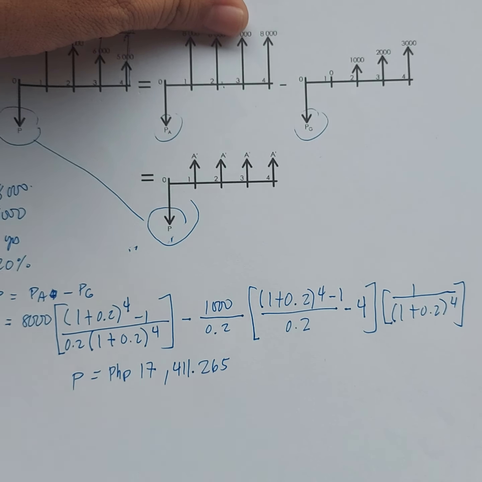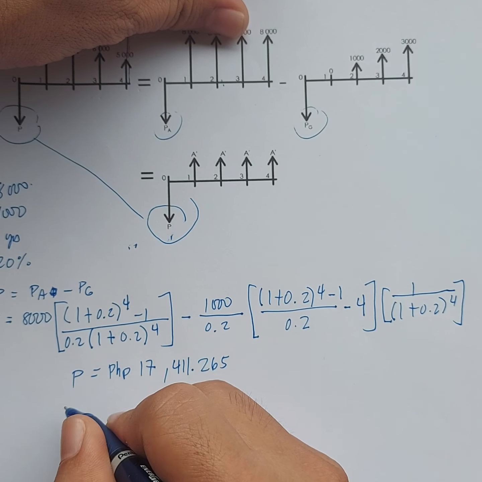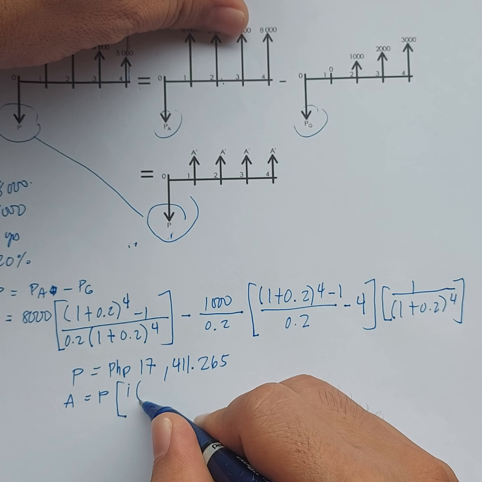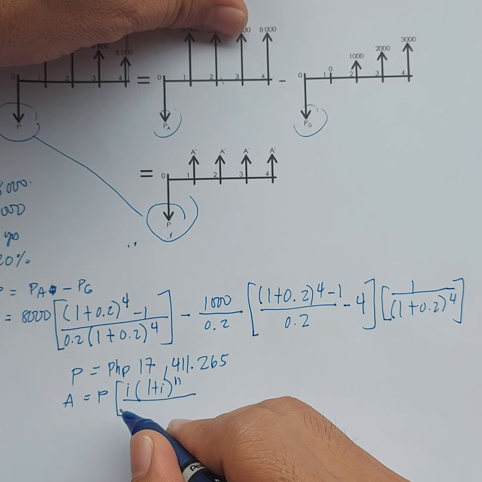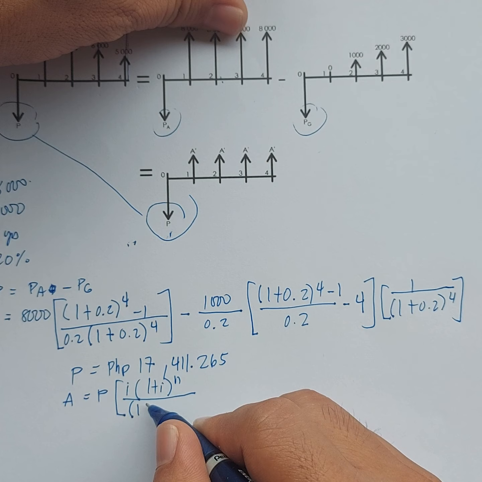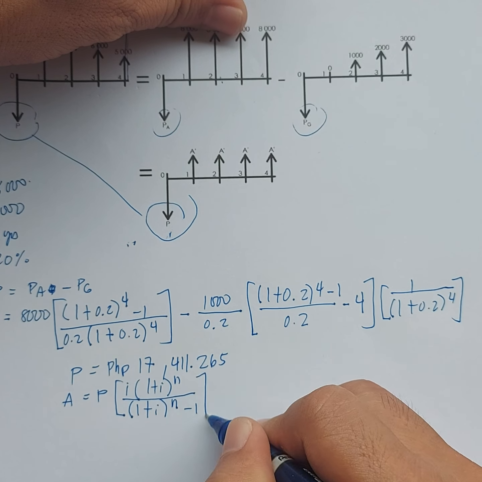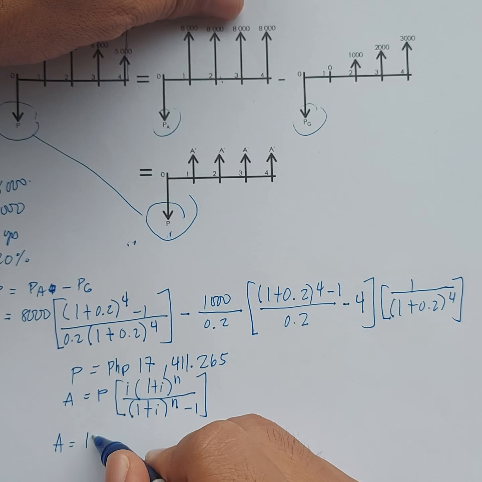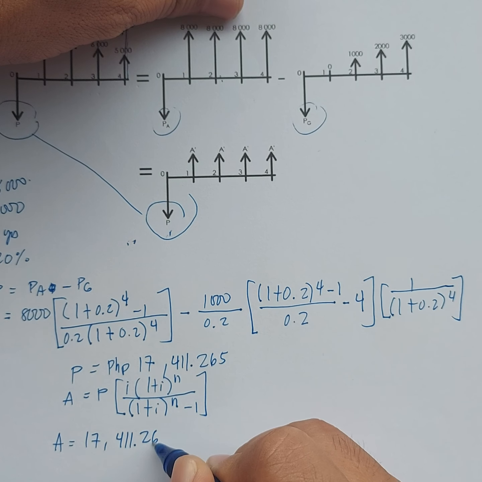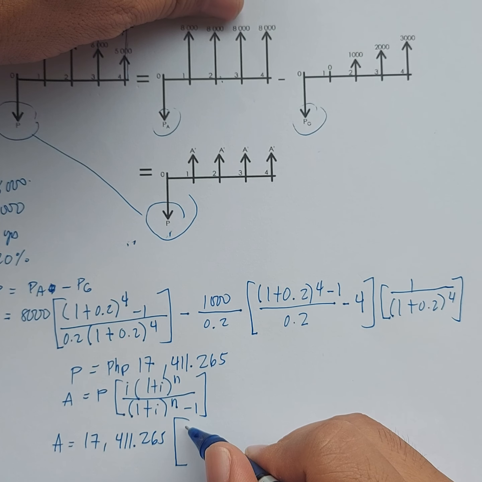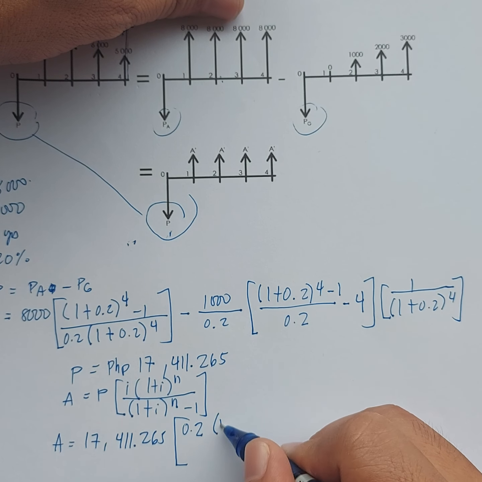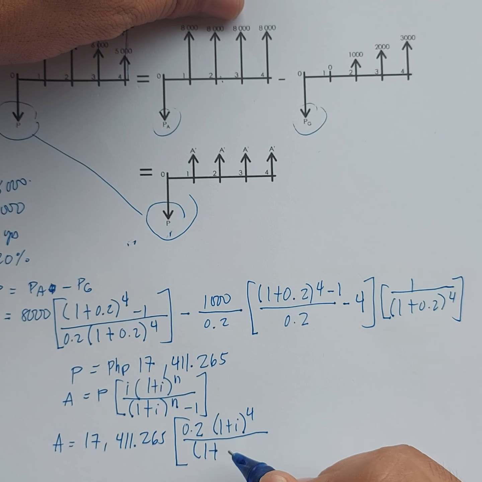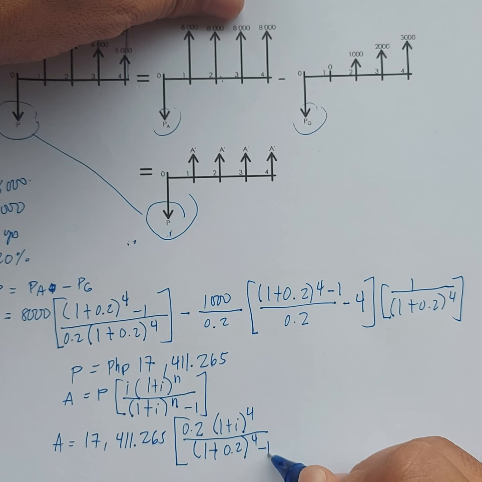So we now have A is equal to, just like the previous problem, P is 17,411.265 times i is 20%. 1 plus i raised to 4 yung n. Then 1 plus 0.2 raised to 4 minus 1.